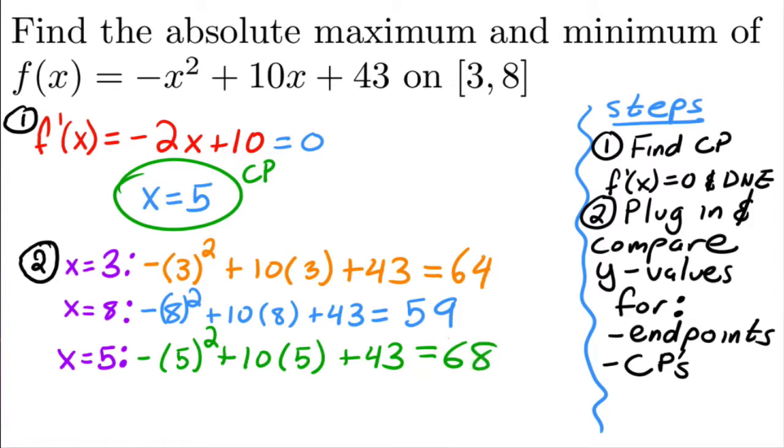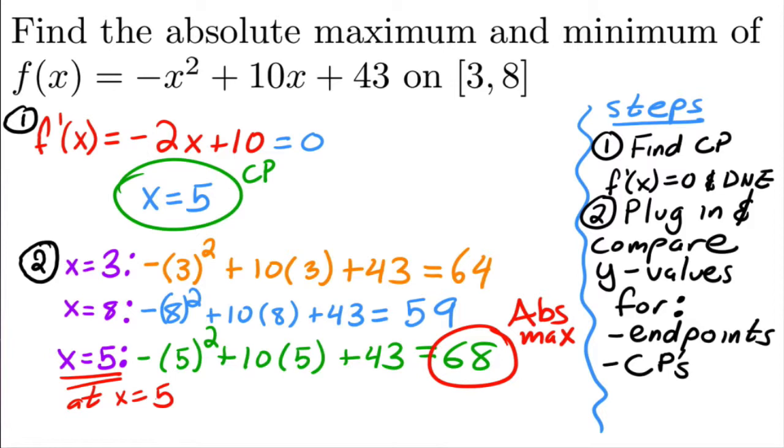Okay, so then you look at all three of them and you say, okay, the absolute maximum is 68, and it's located at x equals 5. And the absolute minimum is going to be 59, and it's located at the right endpoint, x equals 8.